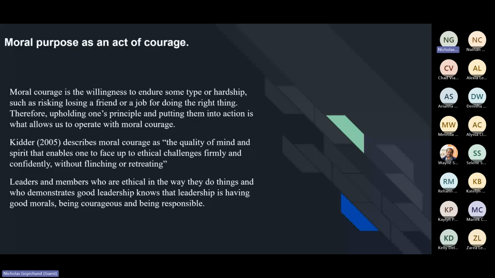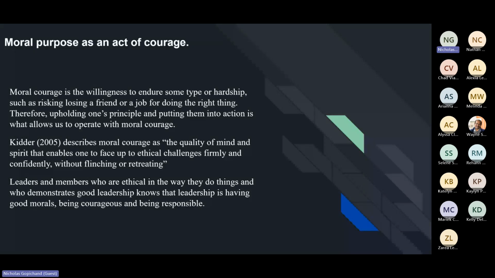Yes, great. Okay. Moral courage is the willingness to endure some type of hardship, such as risking losing a friend or a job from doing the right thing. Therefore, upholding one's principles and putting them into action is what allows us to operate with moral courage.